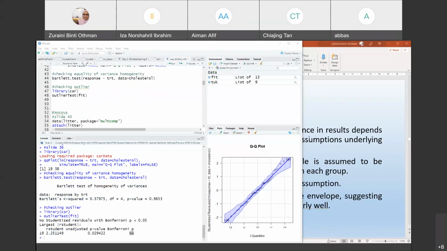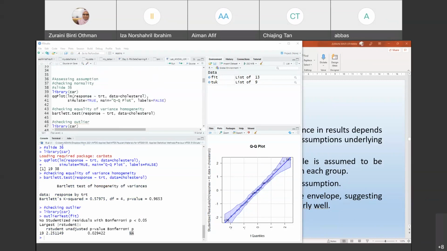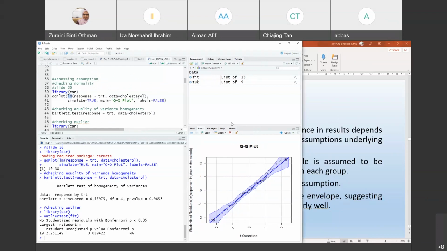The QQ plot requires the lm, which is the linear model, to fit it, and the graph is provided like this. Look at this graph.